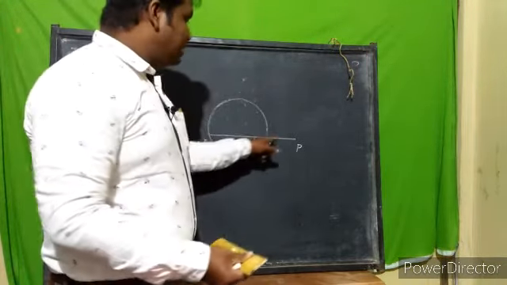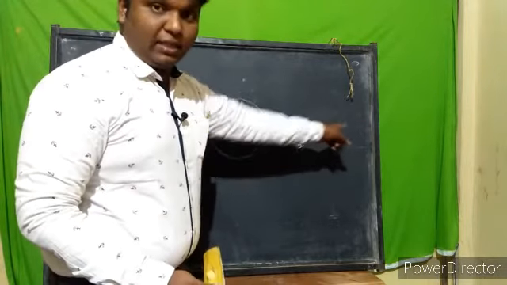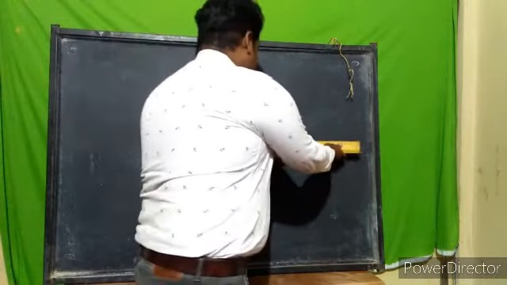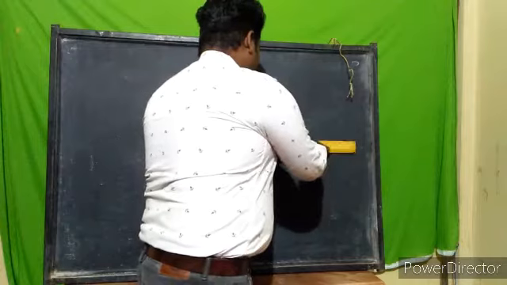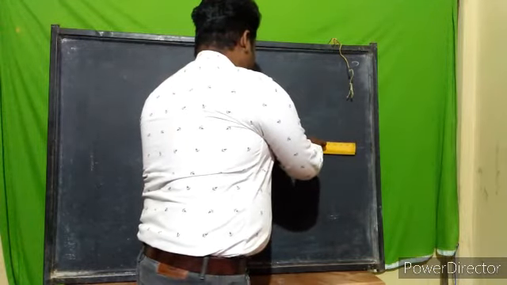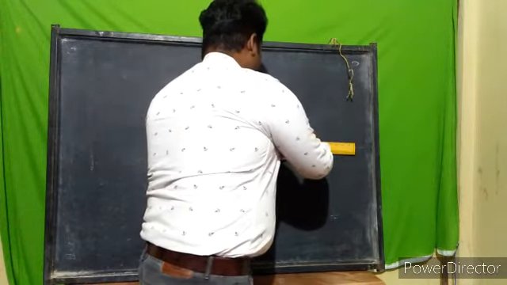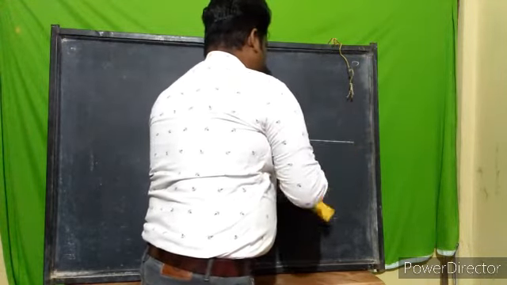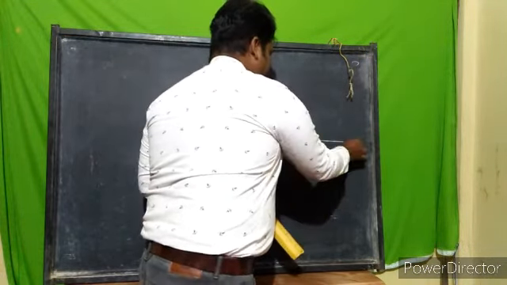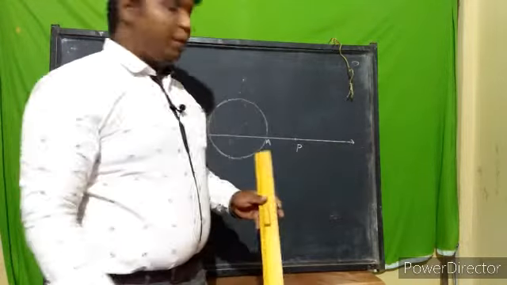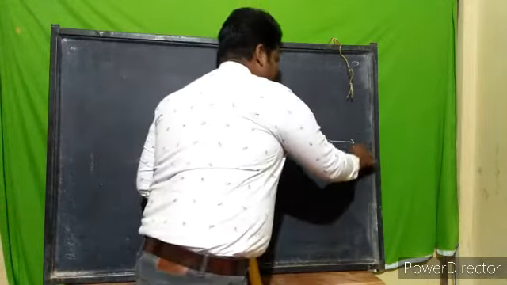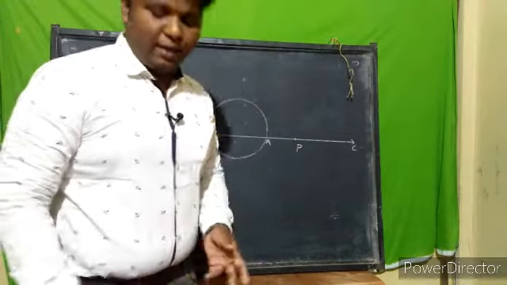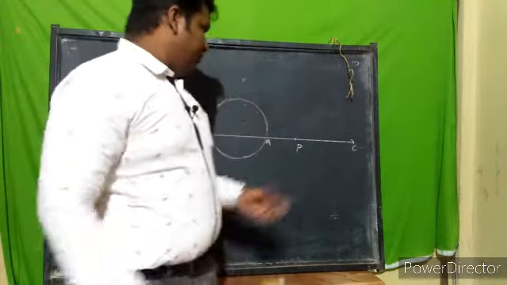And now extend AP to that side. Extend AP to that side. Okay, this was our P. Extended AP. Just take it as C. Okay, till C. We are extending that to C. Now listen.